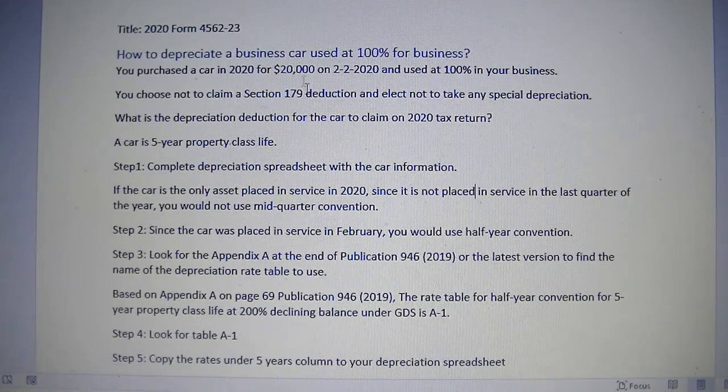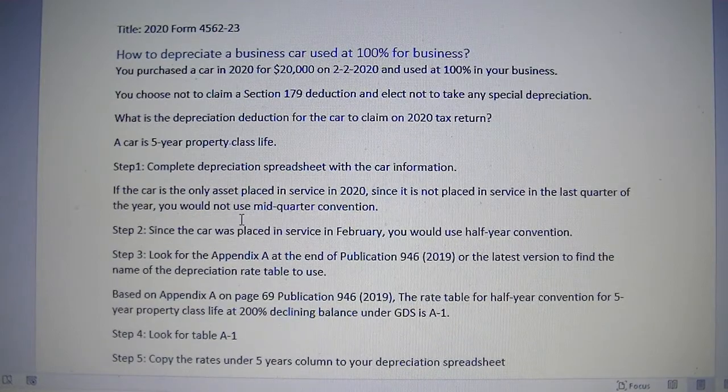So you choose not to claim Section 179 and you elected not to take any special depreciation. So what is the depreciation deduction for the car to claim in the 2020 tax return? A car is a 5-year property class life.